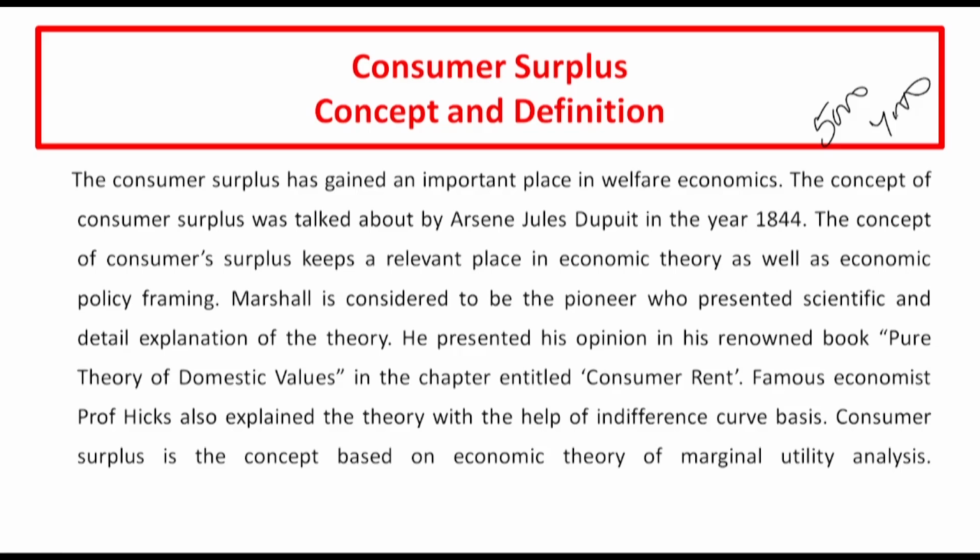Every rational consumer. For example, suppose you are buying an air ticket, and you have to go to Delhi, and you are thinking the air ticket will cost you around 5,000 rupees. This 5,000 rupees is what you are thinking to pay, but when you actually purchase the ticket, you get that ticket for only 4,000 rupees.